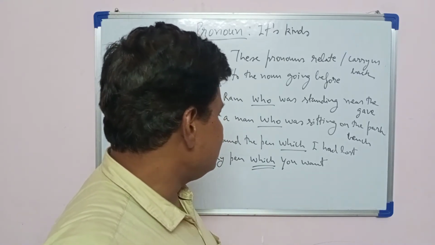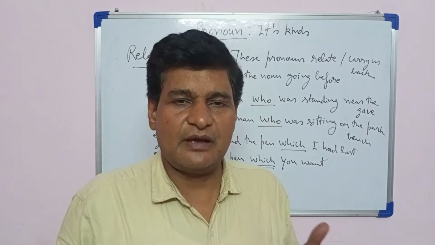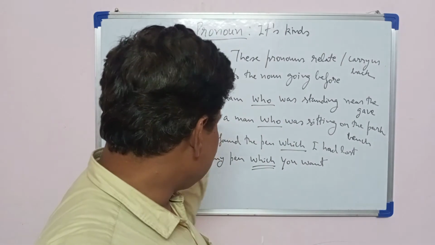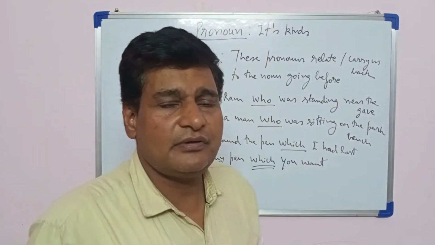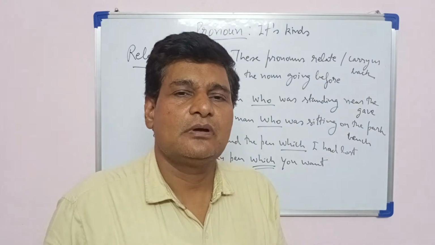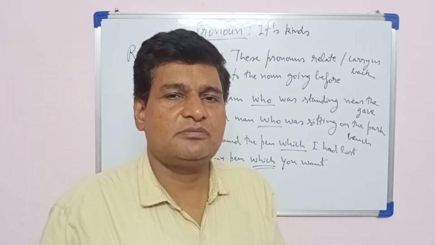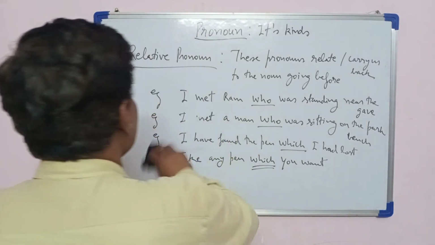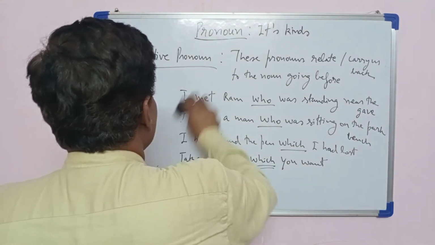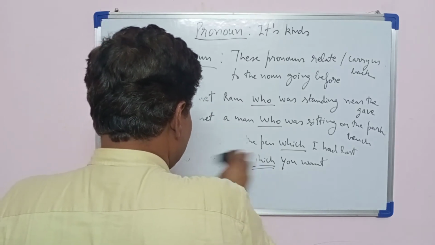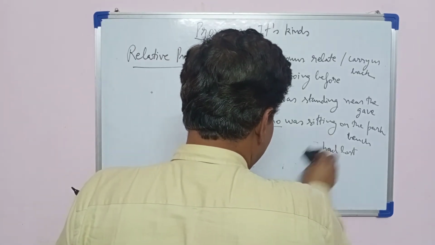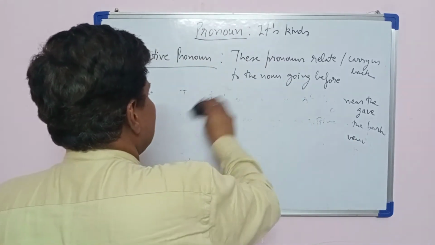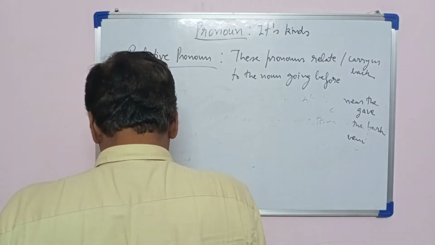Now we will understand some types of relative pronouns. These are the examples in the sentences. Now we will understand the types of relative pronouns. There are four types of relative pronouns.